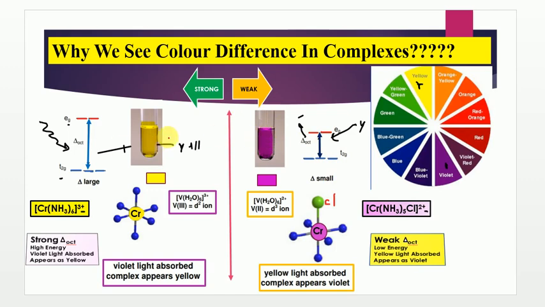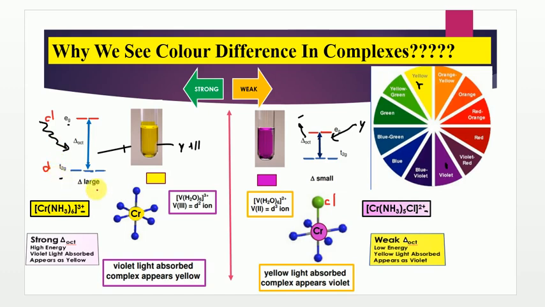Usually the color of a coordination complex arises due to electronic transitions between the two d levels, that is t2g and eg. That is the reason these transitions are called d-d transitions, because d orbitals are involved.